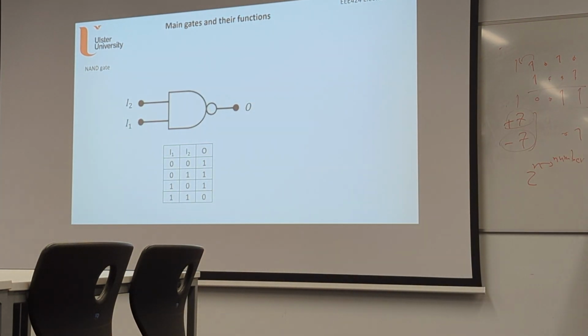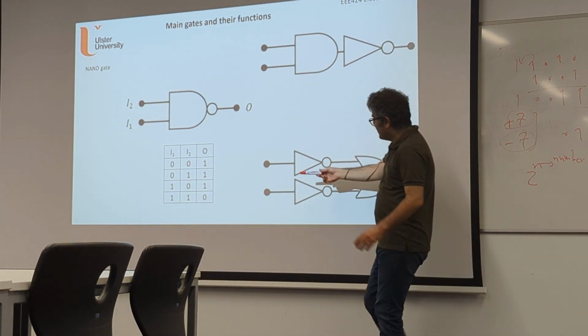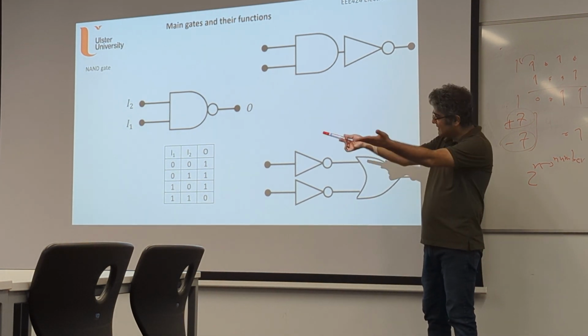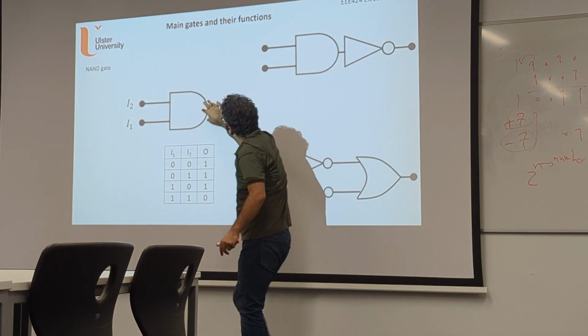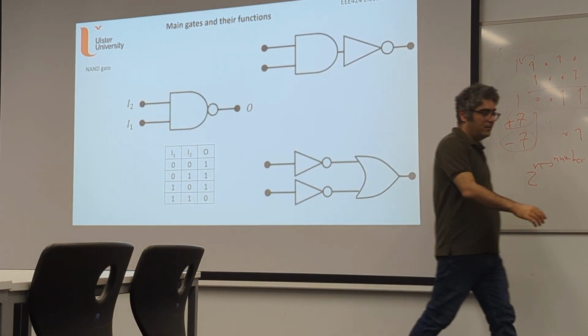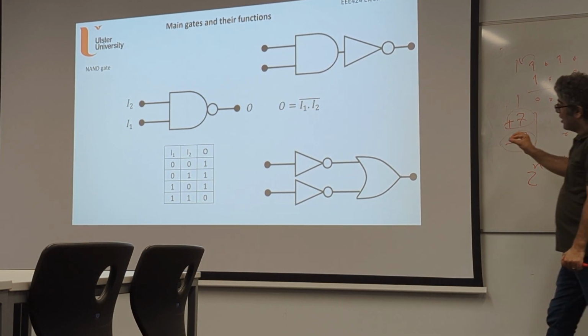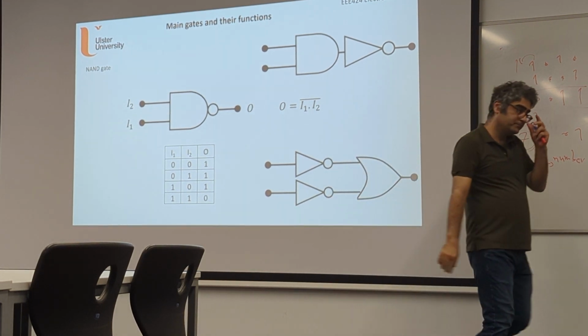And how can we represent that? Well, by this. There are other symbols also to represent that, such as this. It would be I1 not, I2 not, then OR. The answer would be the same. It's a representation I1 times I2, or I1 and I2, then not, or prime.